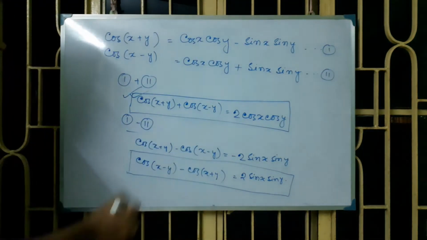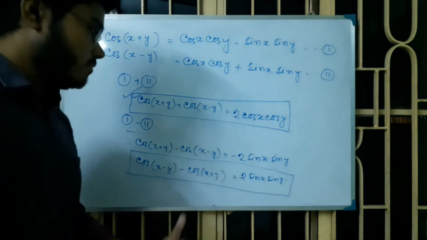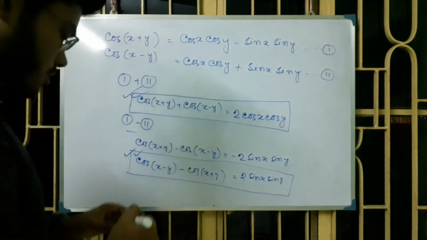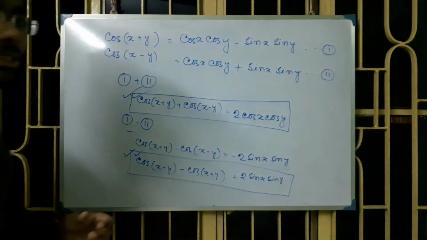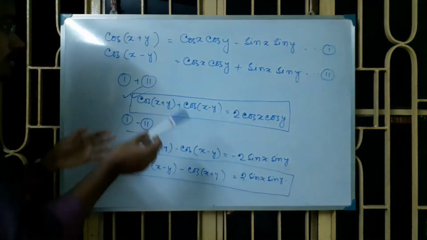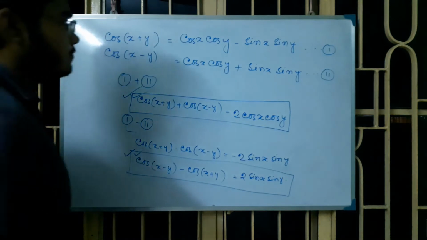Similarly, if we subtract these two terms, cos(x−y) minus cos(x+y) equals 2 sin x sin y. So please note it down, and let's move to the next formula.